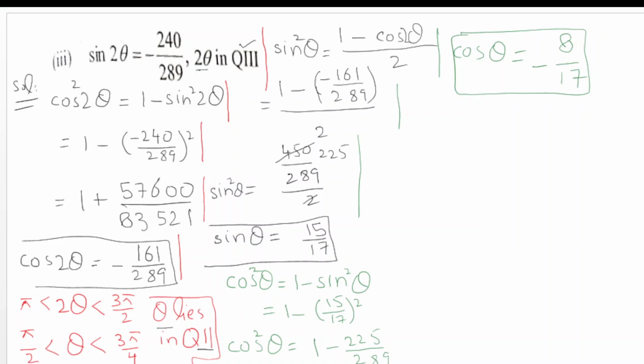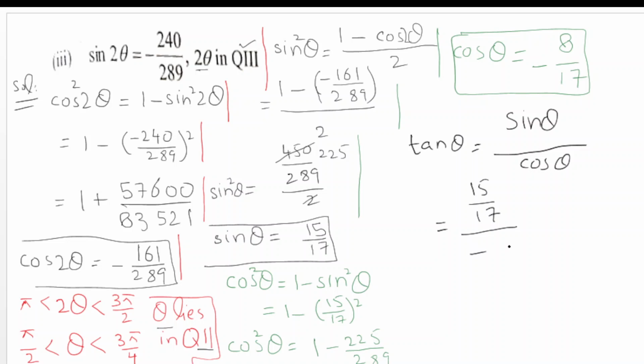Now the last thing that we have to find is tan theta. So you know that tan theta is equal to sine theta over cos theta. Yes. So we'll just put the value of sine theta and cos theta. So what is sine theta? It is 15 by 17. And what is cos theta?